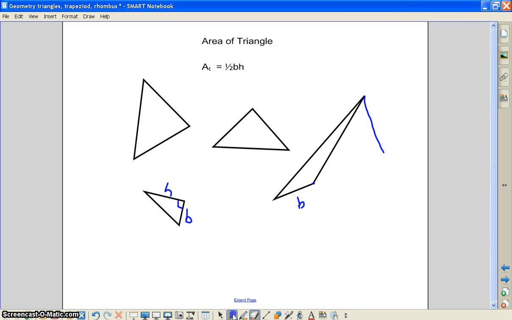It has to be perpendicular. We have to remember that on those obtuse triangles. That means you can select any of the three sides as the base as long as you pick the altitude that's perpendicular.